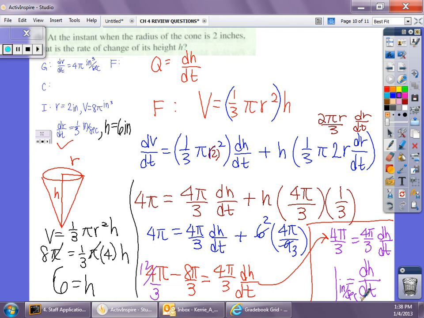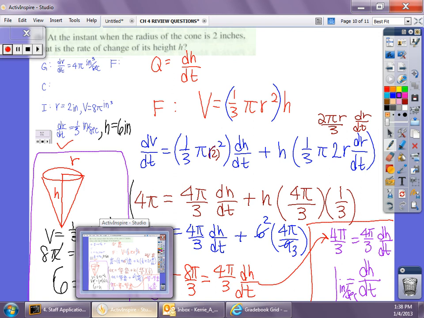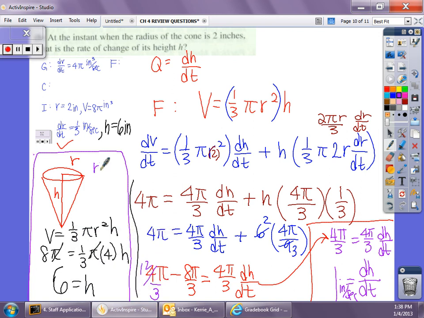So again, what I was saying is this portion that I did really late in the problem, I could have done at the beginning, and I could have eliminated the radius by using the proportion r over h is equal to 2 over 6. And we could have used that from the very beginning, and you wouldn't have had radius in your formula, which would mean that your derivative would be a lot easier and would not have a product rule. But there is part B.